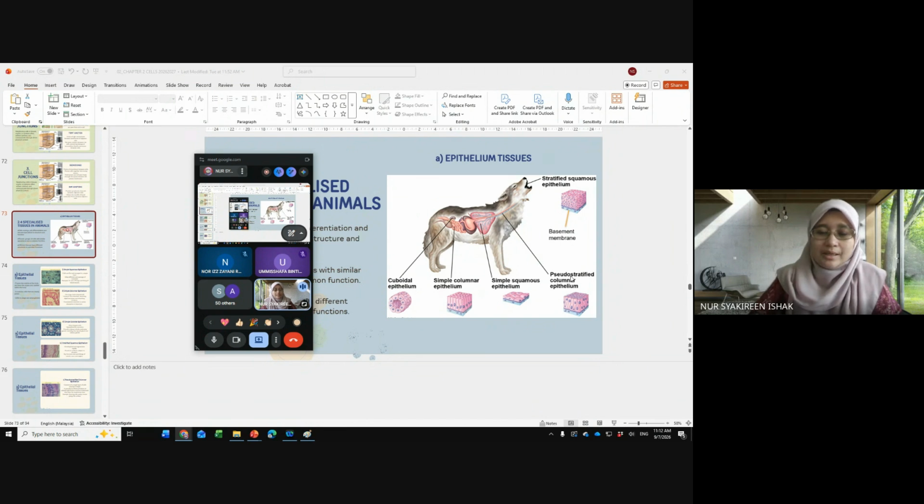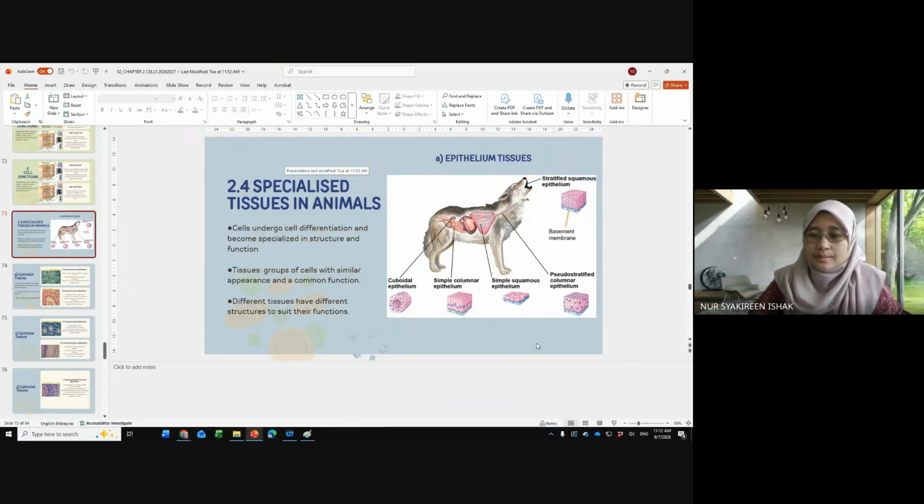If one layer but the cells are of varying heights, that is pseudostratified. The shape of the cell can be flattened, which is squamous, brick-like, columnar, or cube-like, so cuboidal. It depends on the function of the cell.